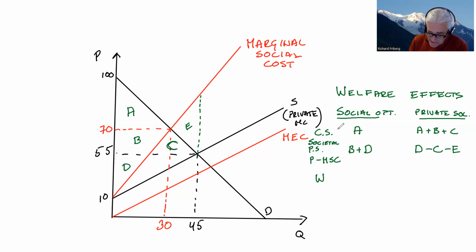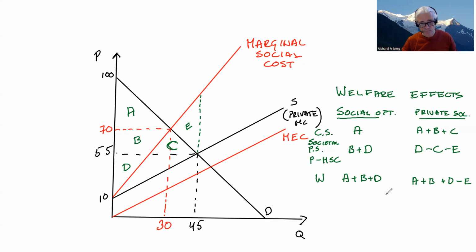Welfare, then, is the sum of consumer surplus and societal producer surplus. So that's A plus B plus D. And in the private solution, just summing these, there's A plus B. The C here cancels. So D is still there, but C cancels. And then minus E. So if we're looking at the difference between these, several of these effects cancel out.